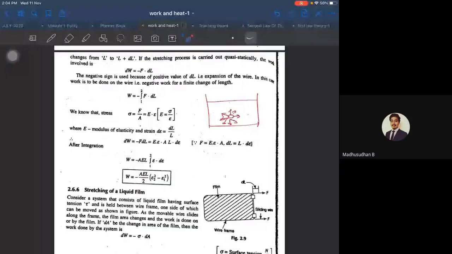But what happens for a molecule at the surface level? It is attracted by the molecules at the surface, but there are no molecules in this region here. There are no water molecules. It is only attracted by the molecules below it and at the side. This creates the tension in that particular molecule, which is known as surface tension.